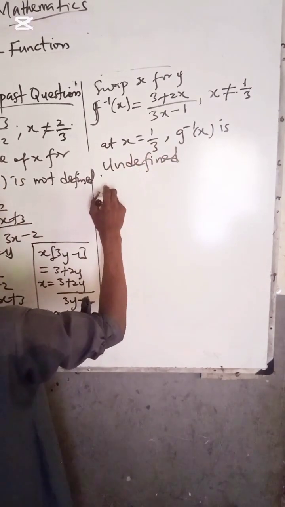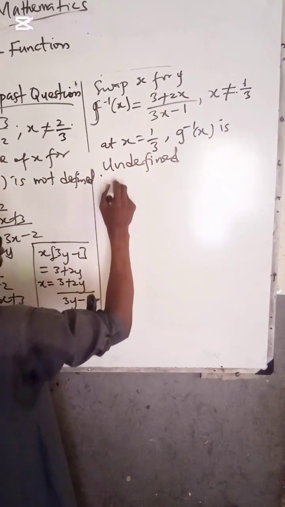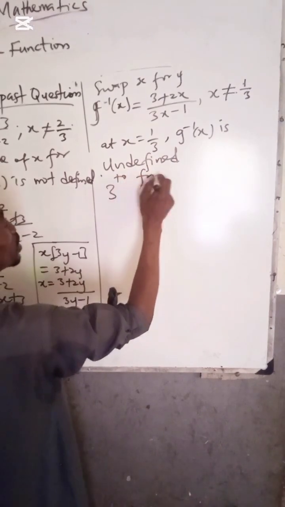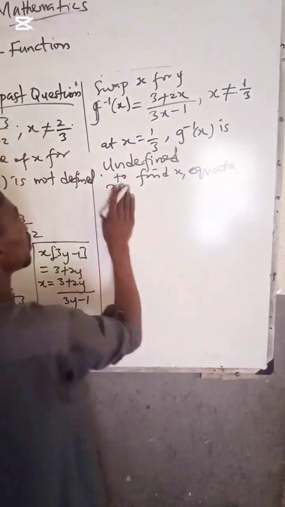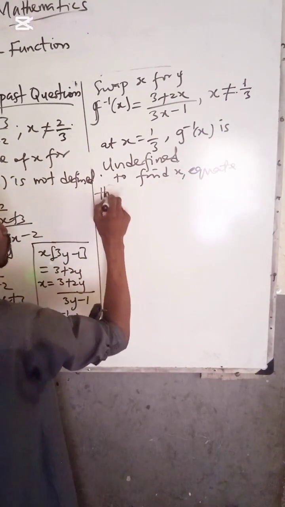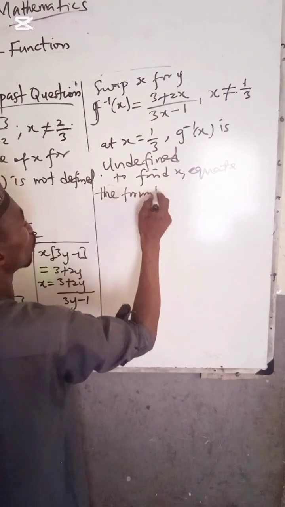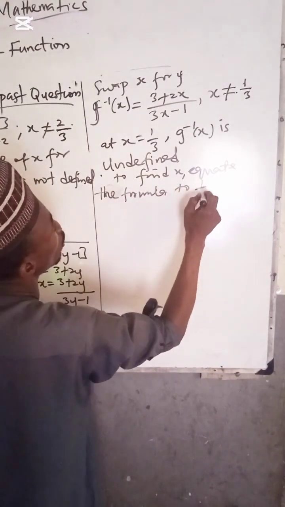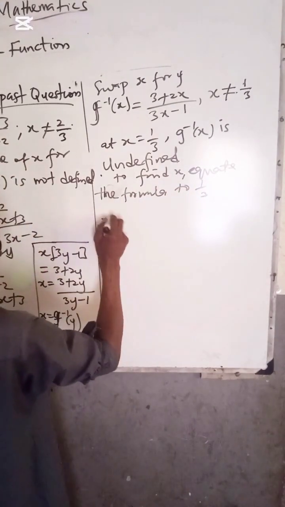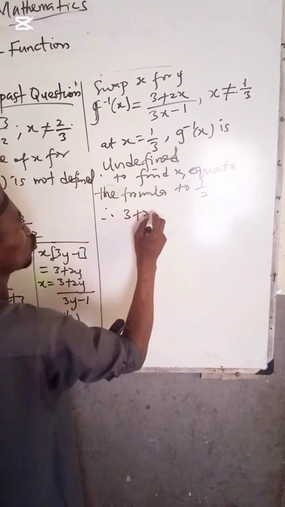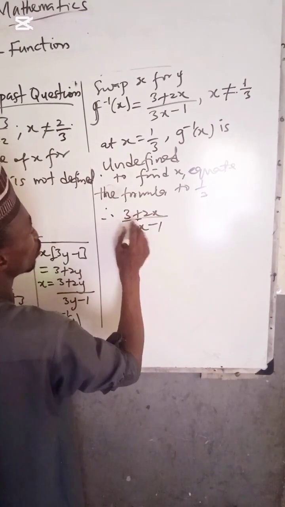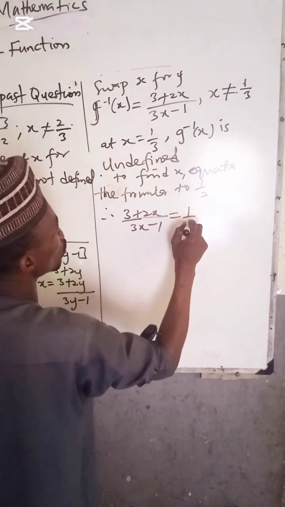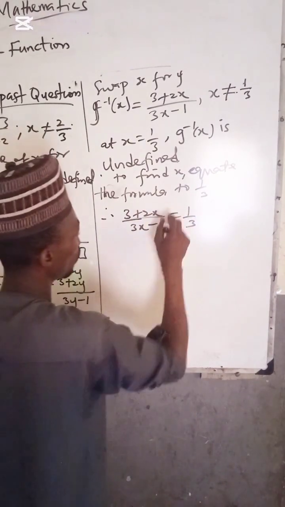Now we can also, to find x, equate the formula to 1 over 3. So we have 3 plus 2x over 3x minus 1 equals 1 over 3.